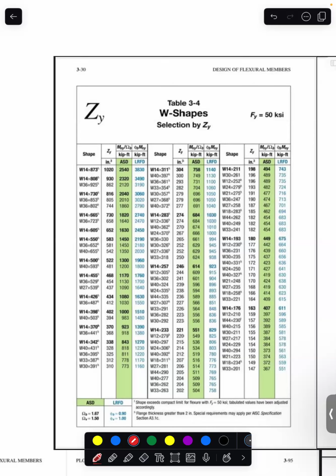Bakit ganon? It's essentially because walang lateral torsional buckling na nangyayari along the weak axis. Hindi mangyayaring lateral torsional buckling if naka-orient ng ganito.